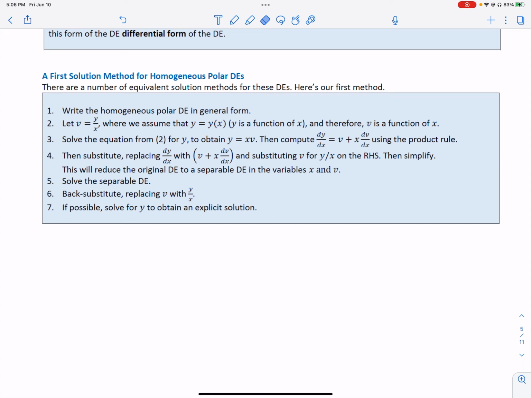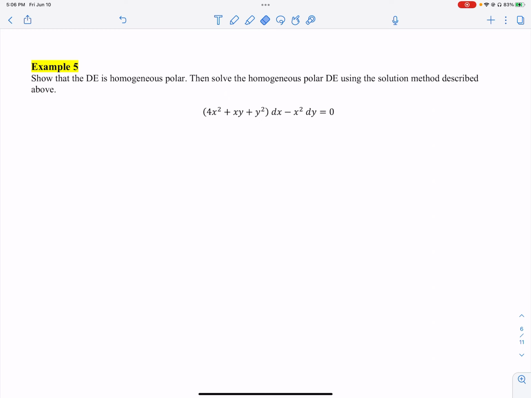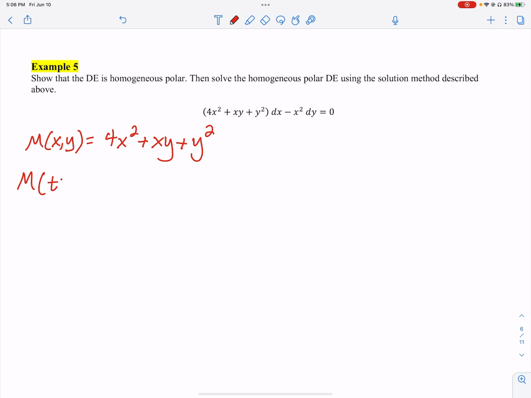Yeah, let's give it a shot. Okay, so first example. Notice this is in that second form, so I'm going to recognize what each function is. M of x, y is 4x squared plus xy plus y squared. We want to show if that is homogeneous polar, so I'm plugging in tx, ty.